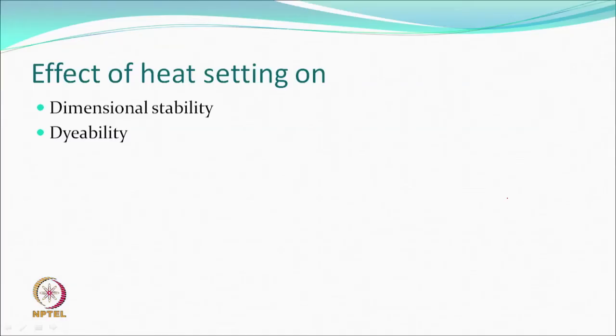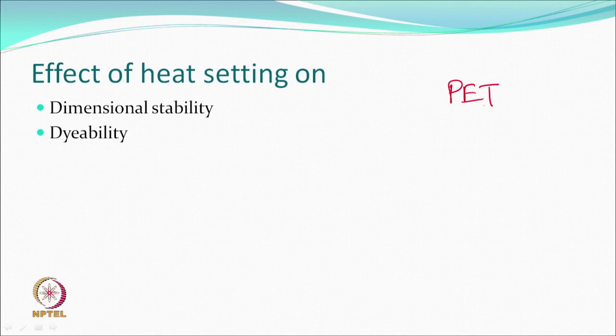Will it affect dyeability? Let us say we talk about polyester. Which dye is it dyed with? Disperse. Okay. Disperse dye, it is dyed with disperse dye, is that right? Good.